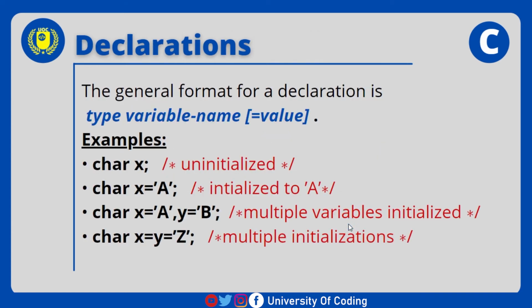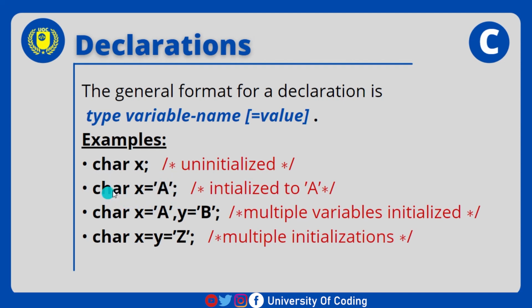So here are the examples of declarations. Char X. So it is uninitialized. What do you mean by uninitialized? You are not initializing any character or any value to this. So here it is char, so definitely you need to initialize with a character only. And here you are initializing to some character.